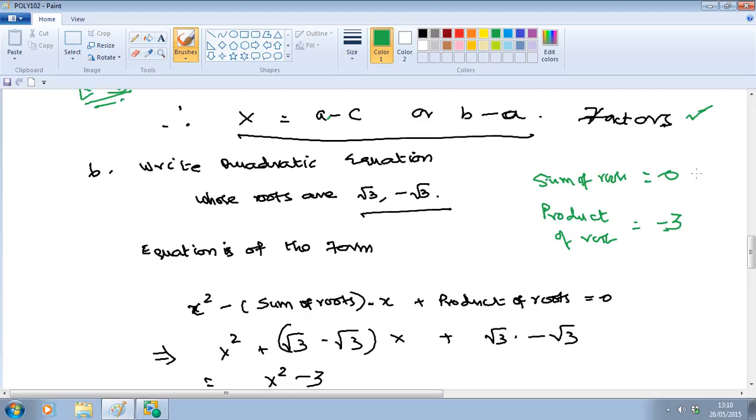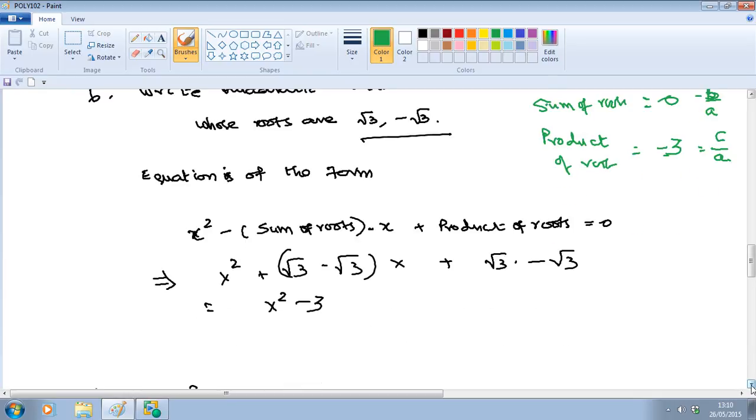What is the sum of roots? Minus b by a. What is the product of roots? c by a.